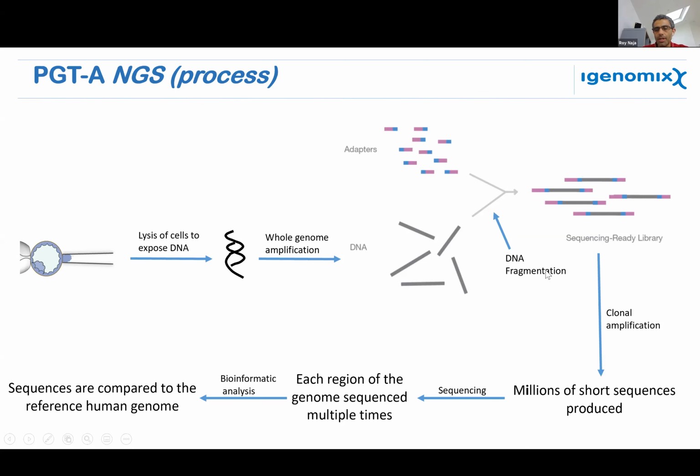We perform DNA fragmentation, amplification, clonal amplification. We're not going to go through the details. We sequence those DNA fragments many times across the whole genome, and then we perform bioinformatic analysis, comparing the reads we have to a normal reference, so the sequences are compared to the reference human genome.